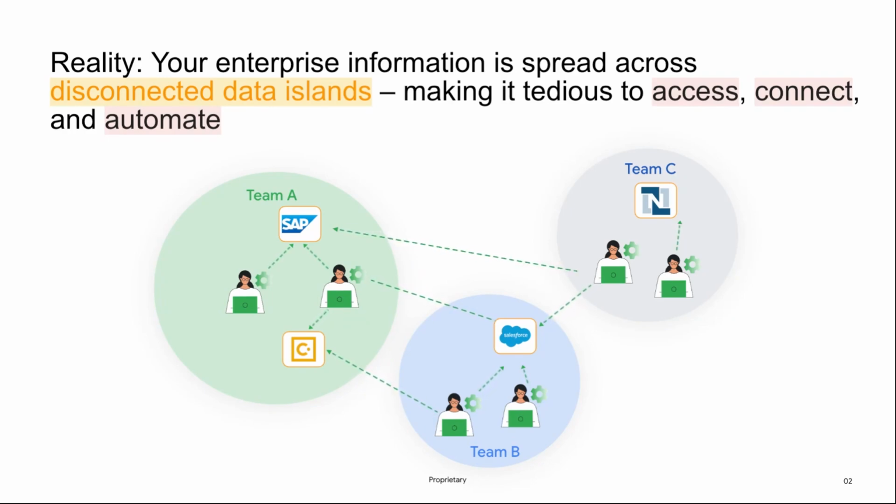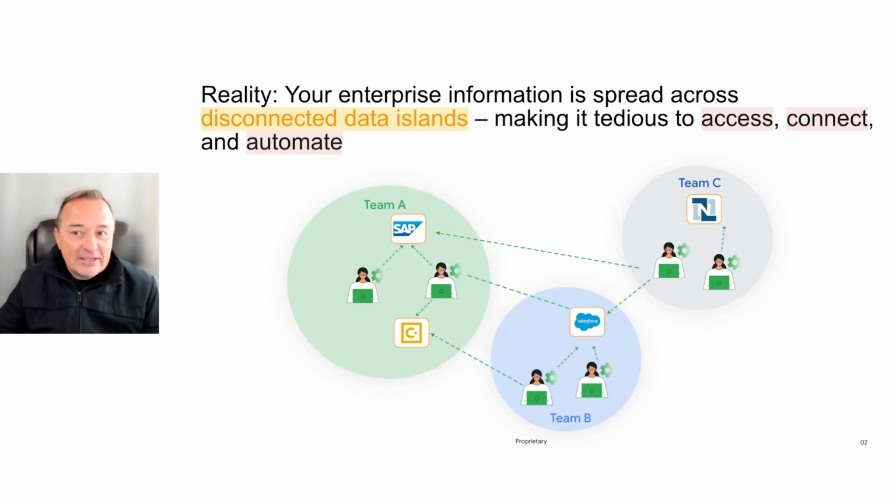Each of these applications has very important data for that part of the business process, but it's not usually automatically connected with these other applications in these other data silos. And so we want to help people to solve this problem. This is a very tedious thing to do, and we want to help our customers solve this important problem.